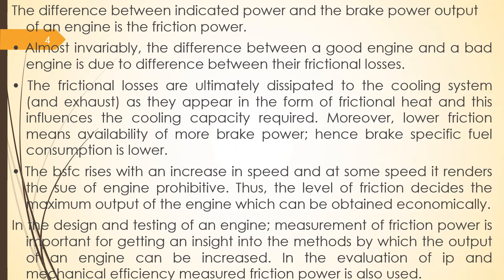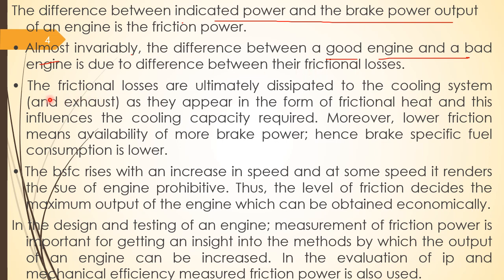So what is friction power? The difference between indicated power and brake power is the friction power. If we want to differentiate between a good engine and a bad engine, we can easily do so, because if the friction power is less, it is a good engine.